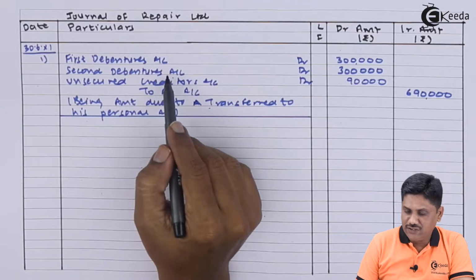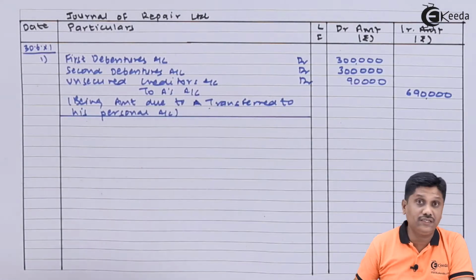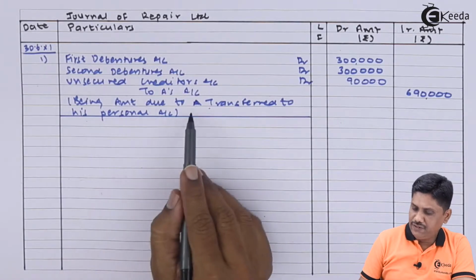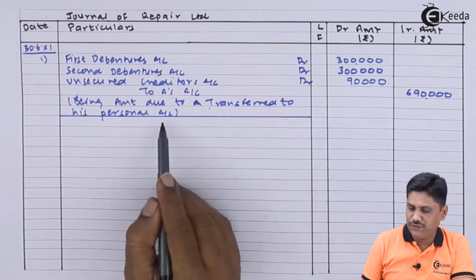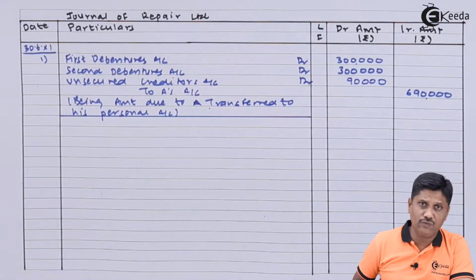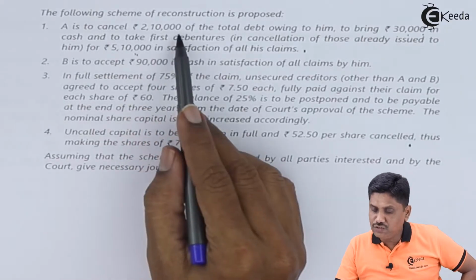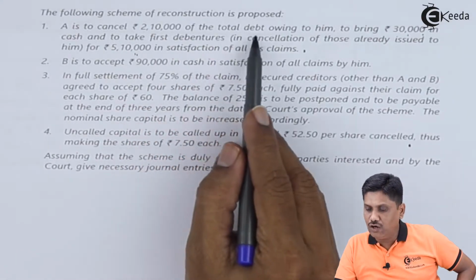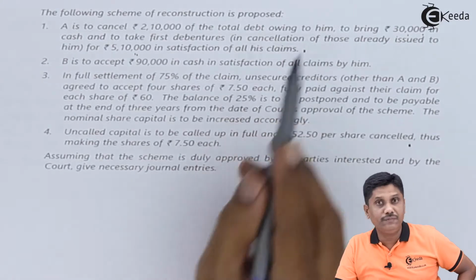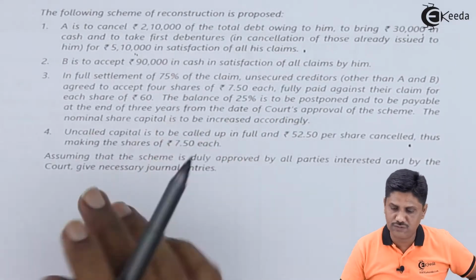First debenture account, second debenture account, unsecured creditors account debit to A's account. What I did, being the amount due to A transferred to his personal account. Now we are going to settle A. Now let us read the information further. A is to cancel 2,10,000 of his total debt owing to him. So we will cancel A's account to the extent of rupees 2,10,000.